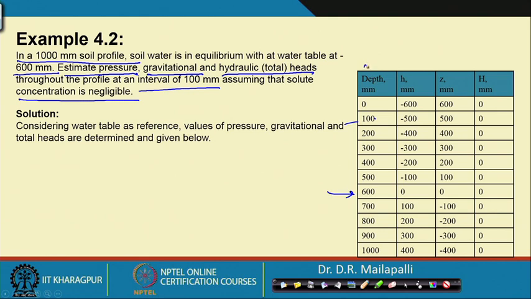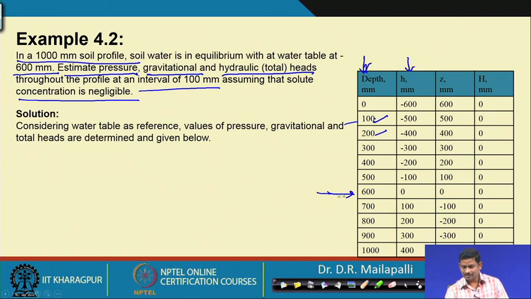So, if you see here, the depth is 100 mm, 200 mm, 300 mm and so on, and this is the H. Since this is your reference, above the reference you get a negative, because this is elevation, and this is the pressure.